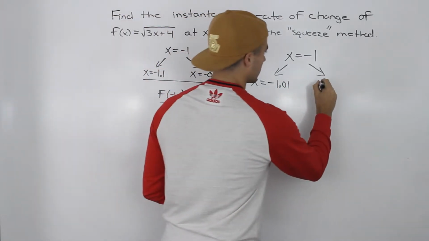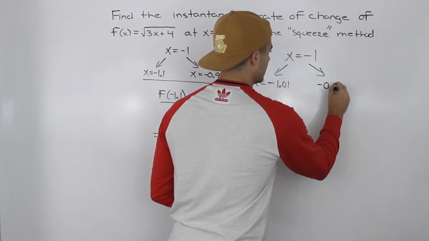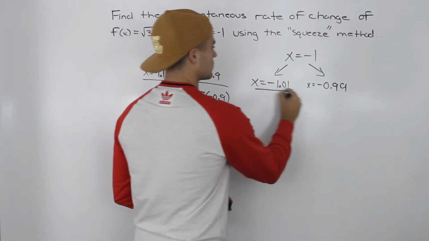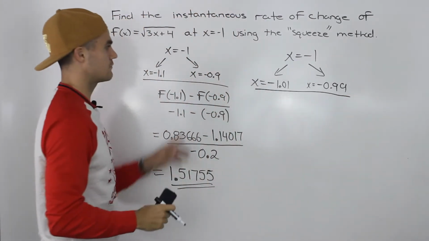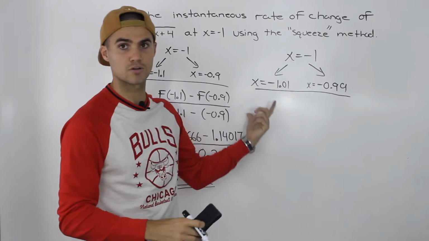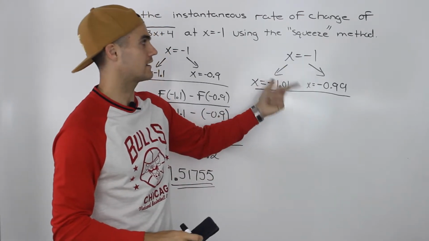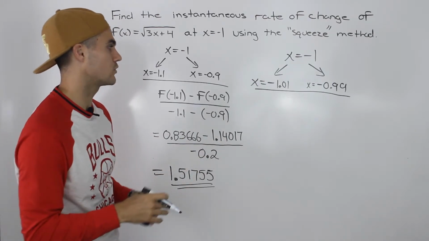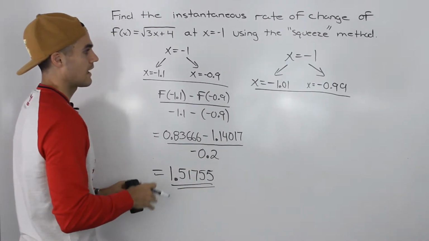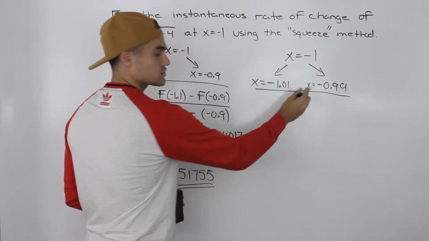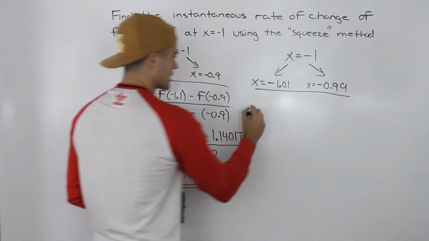And then on the right side, negative 0.99. Right? So now, instead of 0.1 being on both sides, we now have 0.01 being subtracted and added to negative 1 to get an even tighter interval. We're squeezing the interval. And then what we do is we find the average rate of change between these two new x values.